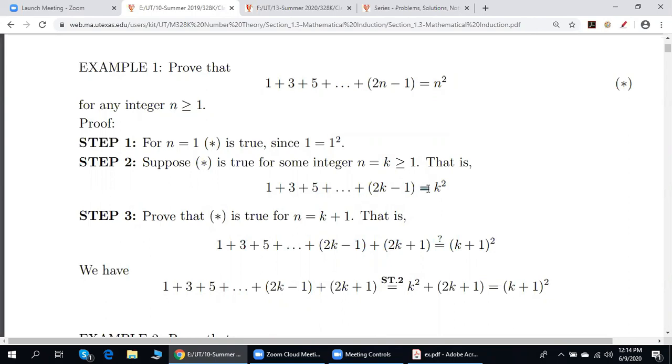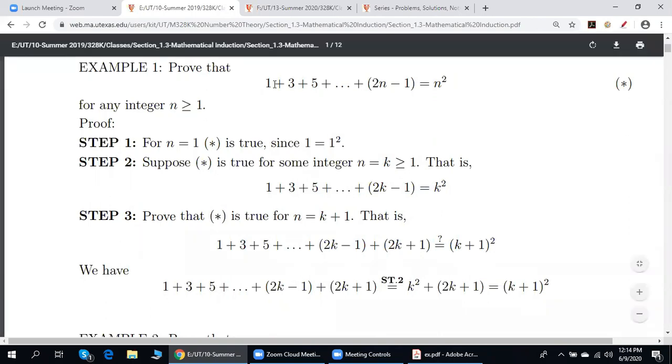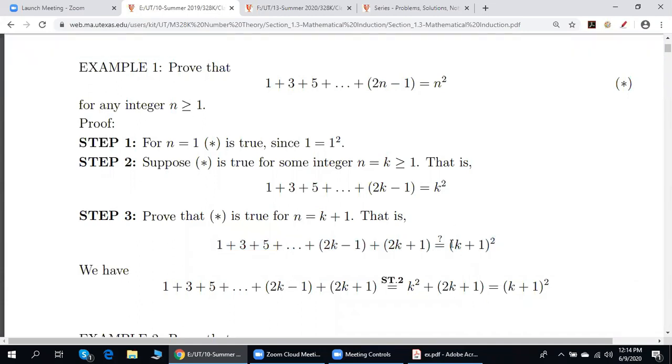Here there is no question mark. We just put an equal sign, which means suppose this is true for some n equal to k. Here we put a question mark. We have to prove that this is equal to this. It is easy to come up with the right-hand side. We just replace n by k plus 1.